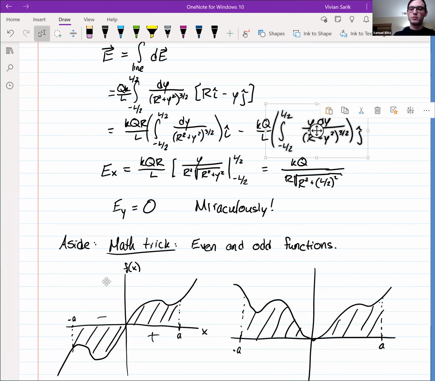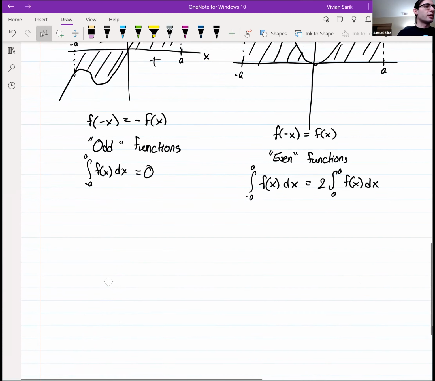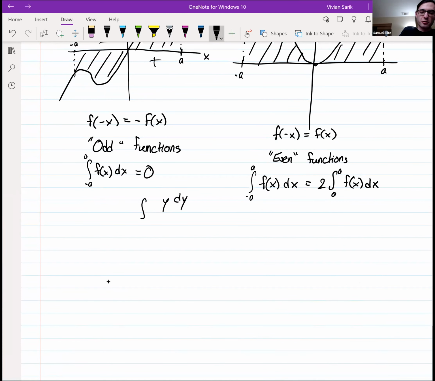Just trust me when I write this. So the integral that we had was y dy over r squared plus y squared to the 3/2, integrated from minus L over 2 to L over 2. This is what we were working with before.